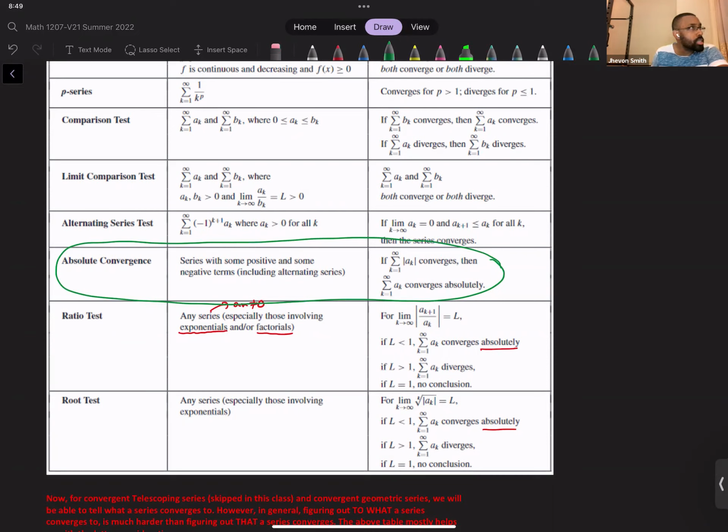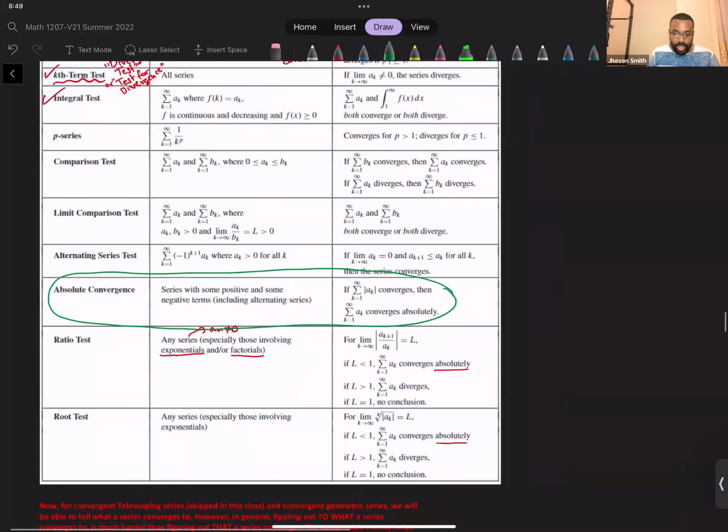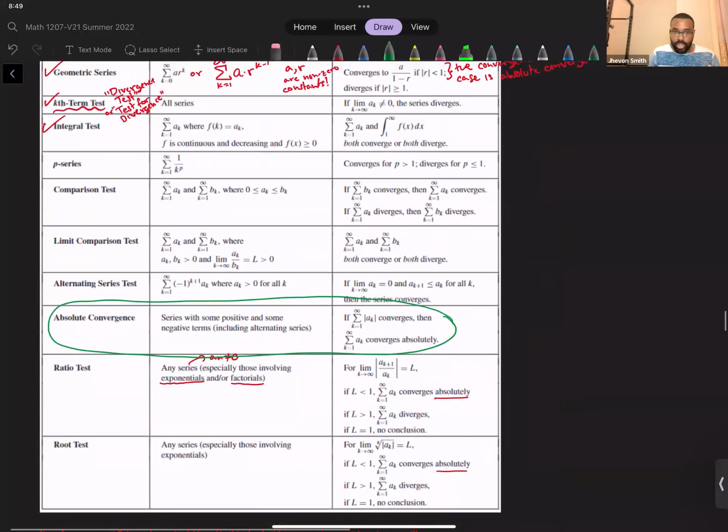An important question that I could ask is to talk about series converging and particularly what kind of convergence. So there's a problem type where the question is, determine whether the series converges absolutely, converges conditionally, or diverges. So you have to answer it in very specific detail. If it converges, you have to say what kind of convergence and so on and so forth. So absolute convergence isn't really a test per se. It's more just like a check that you want to do. But other than that, we covered all the tests.